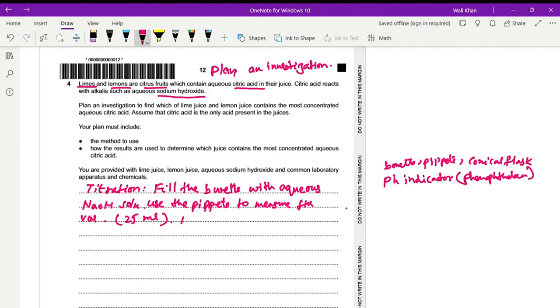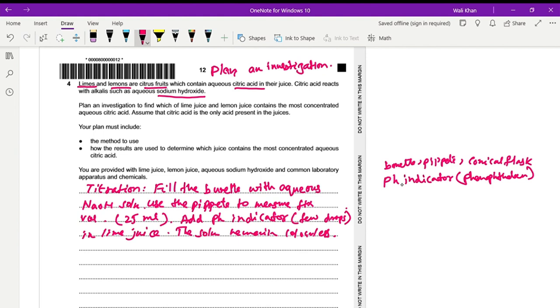Now add pH indicator, a few drops, in lime juice. The solution remains colorless.